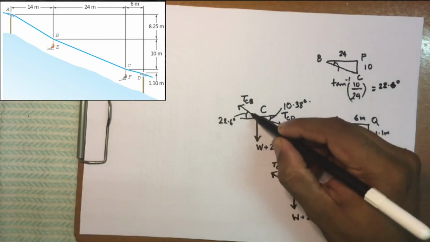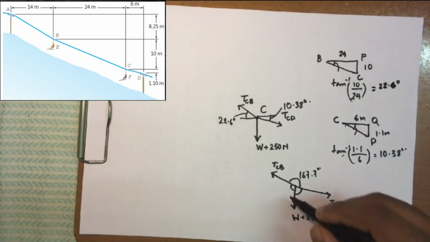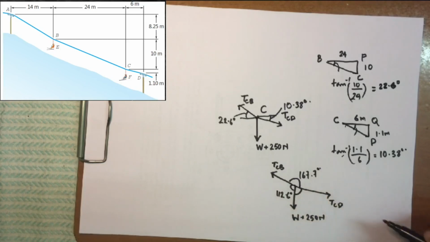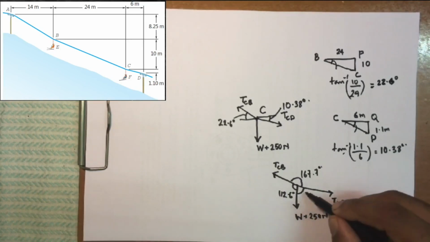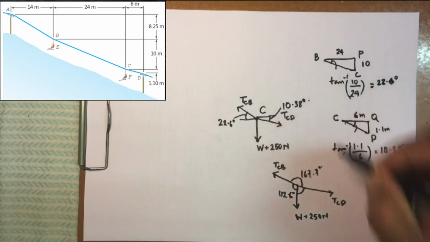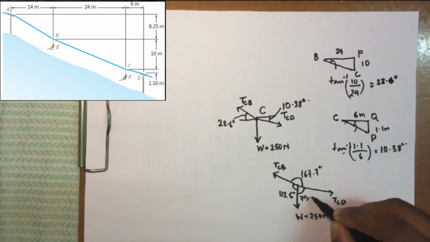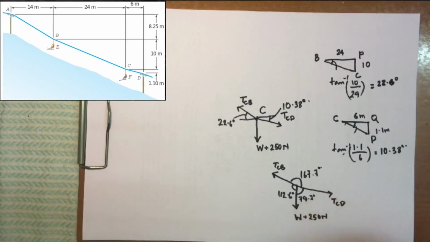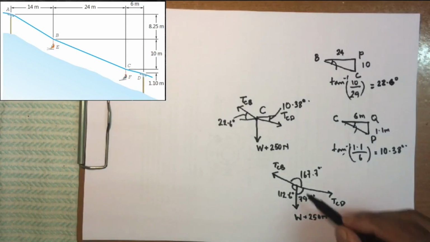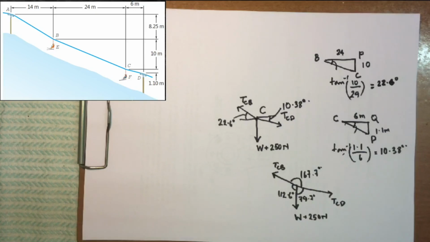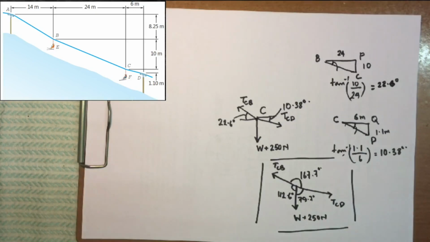This is 90 plus 22.6, so that will be 112.6 degrees, and this will be 90 minus 10.38, which will be 79.7 degrees. So totally you will find this to be 360 degrees. This is how you are supposed to draw the free body diagram of any point of interest to solve the problem.